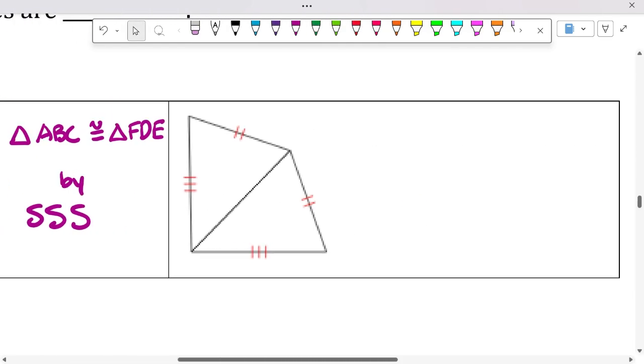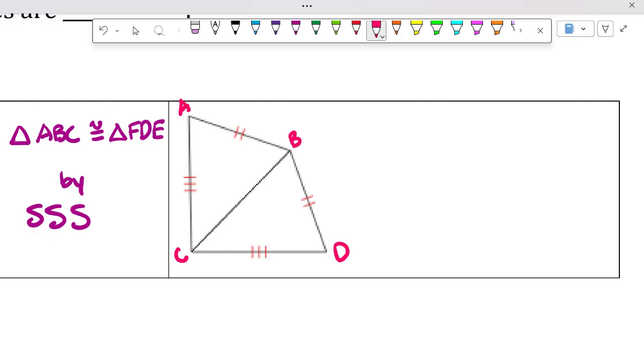Okay? Now, those are where the 2 triangles are separated. But what about these? So again, let's call it A, B, C, and then let's put a D here. So if I look at these 2 triangles, only 2 sides are marked between the 2 triangles. However, what side could I say is congruent to the other side of a triangle? It just logically makes sense. CB. Why?